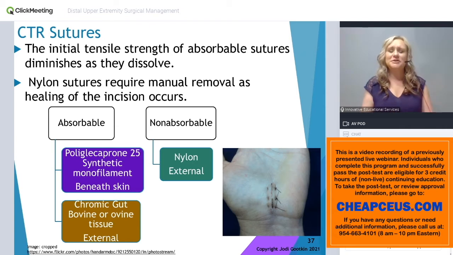I use similar colors on the chart here. There are two main types of sutures: absorbable and non-absorbable. The non-absorbable sutures are the ones that you are going to see external on the patient, and those tend to have multiple knots on them and tend to be a dark green in color.